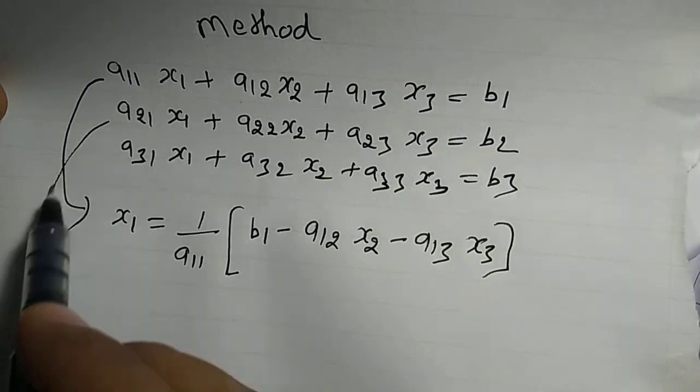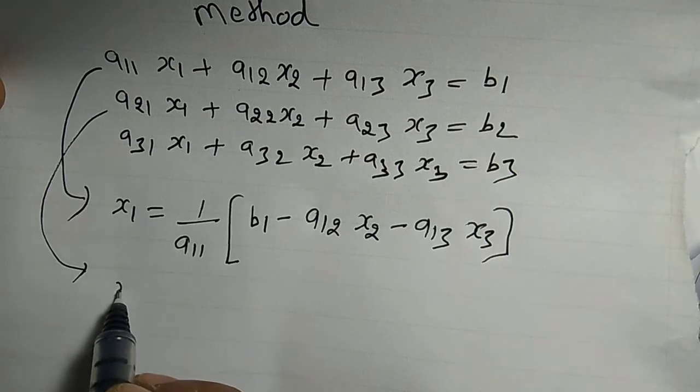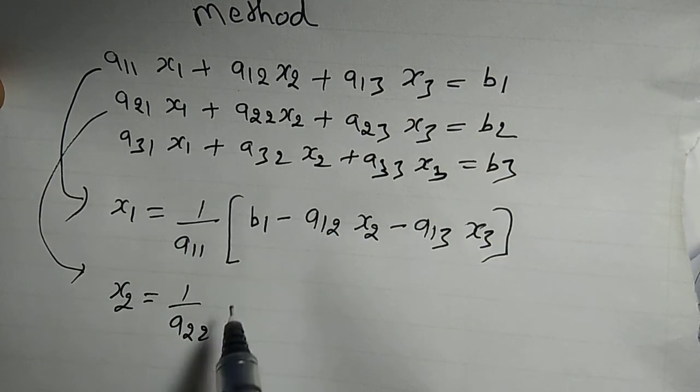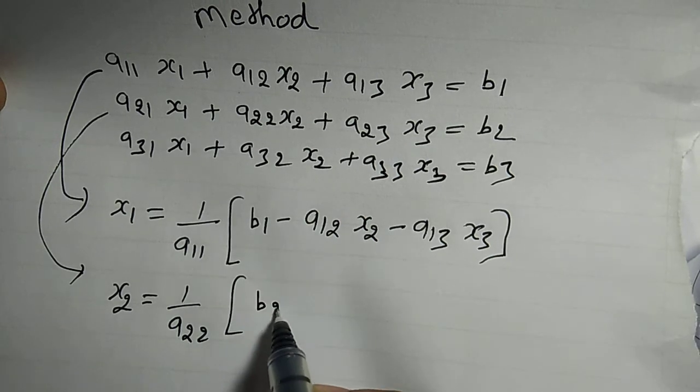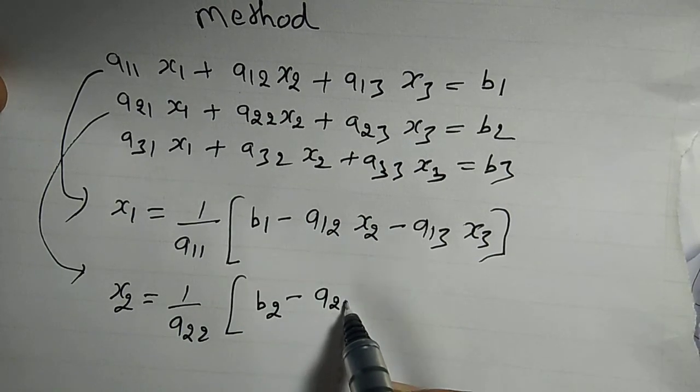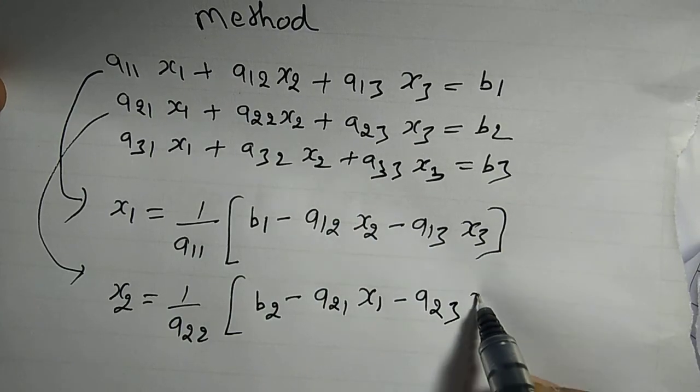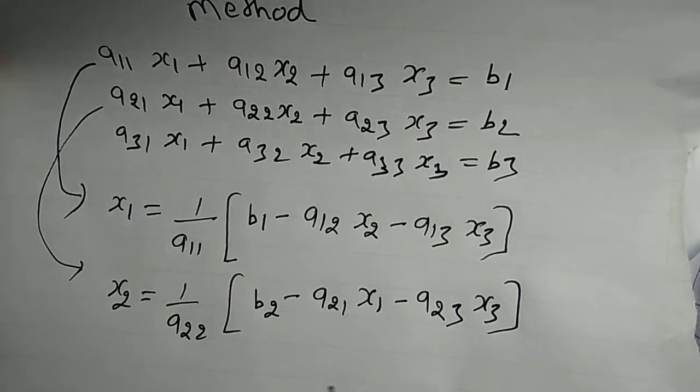From the second equation we'll get x2, so x2 equal to 1 upon a22 and b2 minus a21 x1 minus a23 x3. Fine.